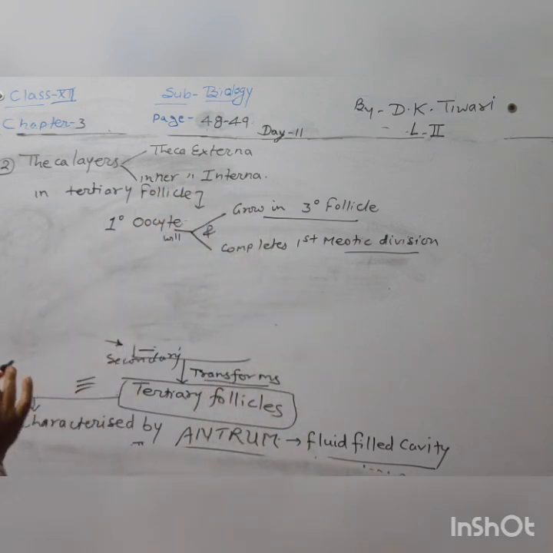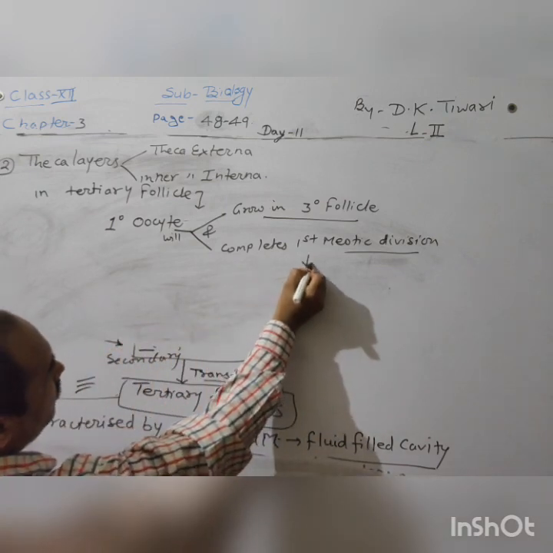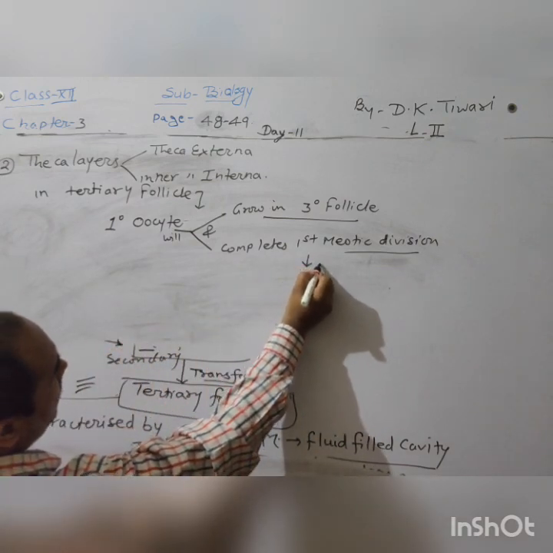Now the next point is that this first meiotic division will be basically an unequal division.